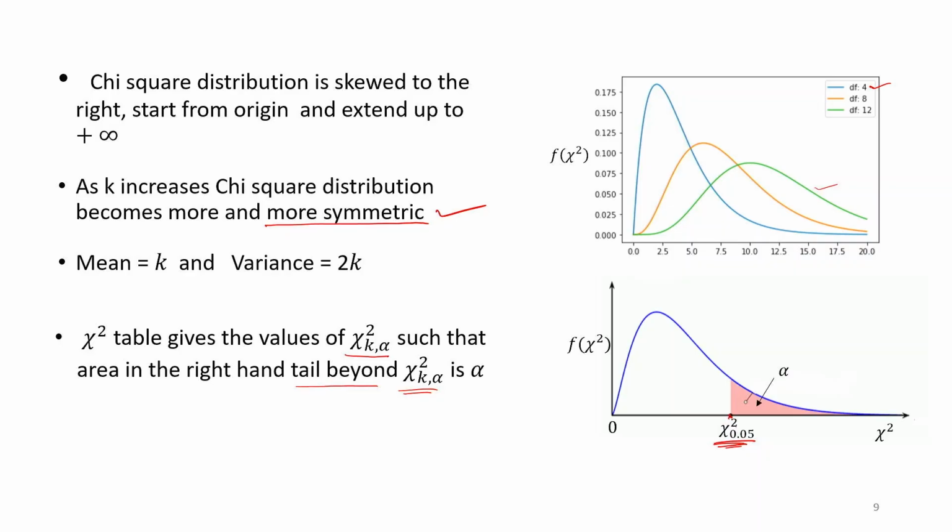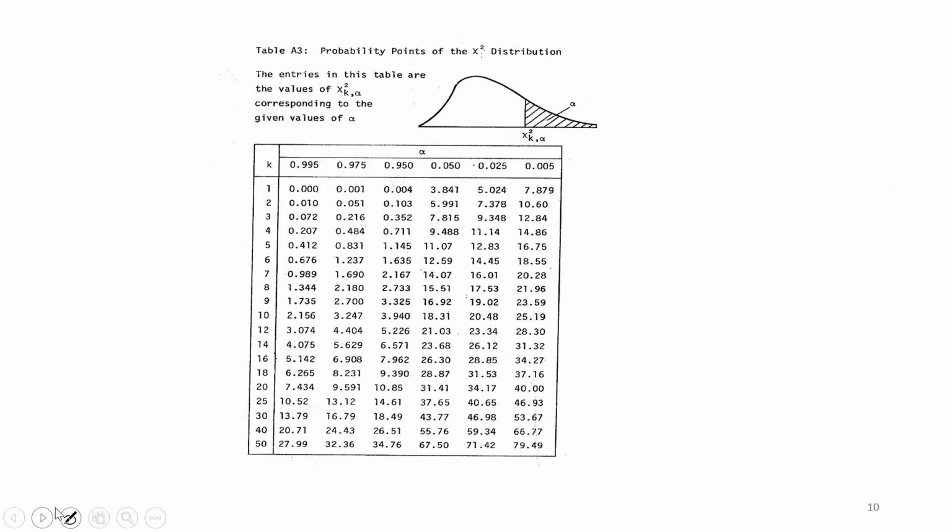So that sort of table is already there, like we are showing you a typical table. Here the alpha values are here, and this is the degree of freedom. K values are here. So the first column is about degrees of freedom, and the rest of the columns are the values of chi-square for different values of alpha. This is 0.995, this is 0.975, 0.95, here the alpha is 0.05, 0.025, 0.005.